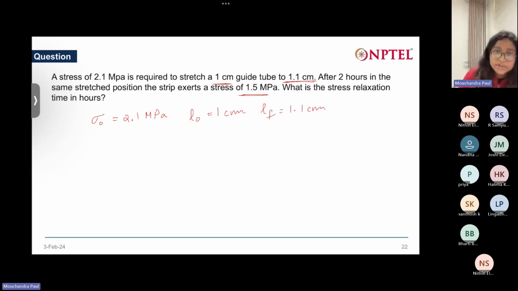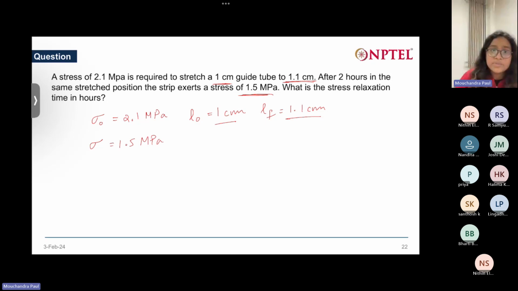In stress relaxation, the strain is constant. The amount of strain that you can calculate from this value has been constant for 2 hours, but the stress has declined. What is now the final stress? It is 1.5 megapascal. Now I have to calculate the stress relaxation time in hours.